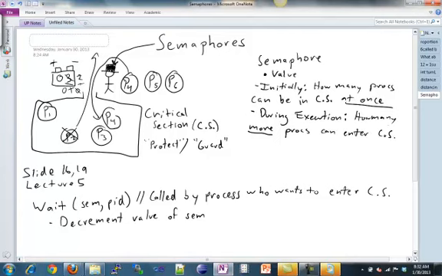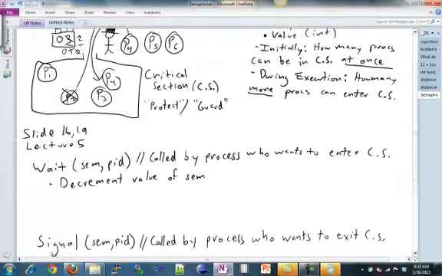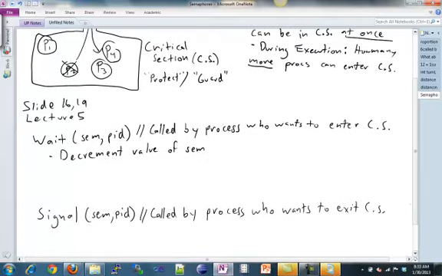So in our example, when the first person came through, our counter became 2, and that's because 2 more people could be inside our room, because 1 was already in there and our max is 3. So during execution, the value of the semaphore is how many more processes can enter this critical section. Okay? So that's our intuition for what this value field is, and this thing is going to be some sort of int or a number. Okay, so inside wait, the first thing we want to do is decrement that value, because 1 less person is going to be able to come in.